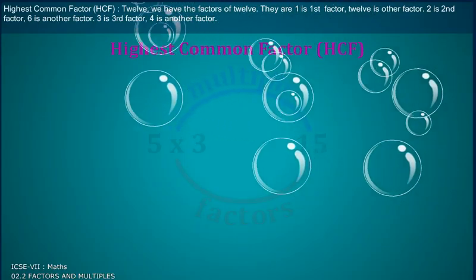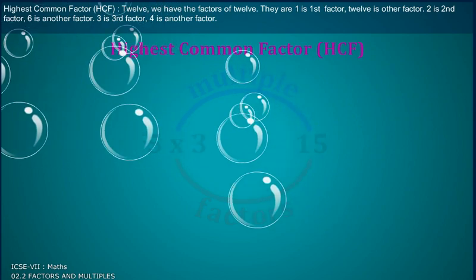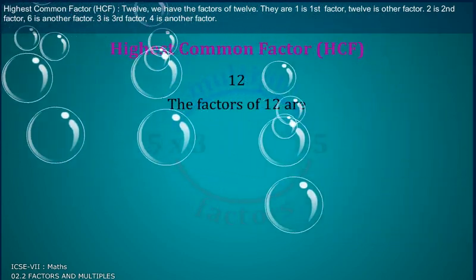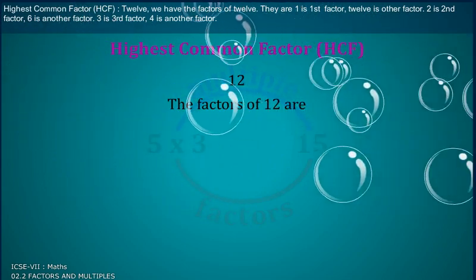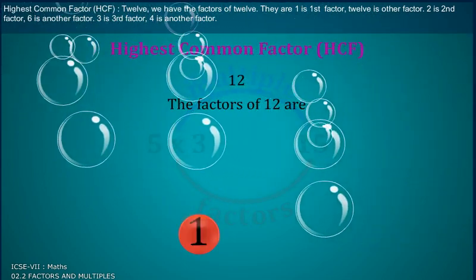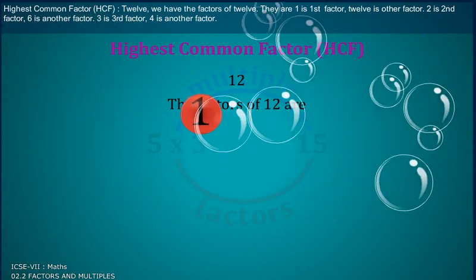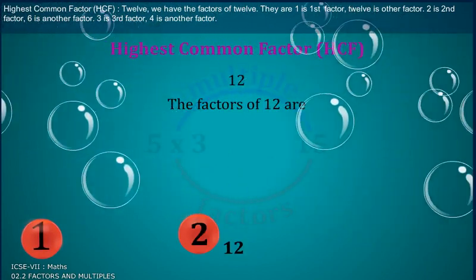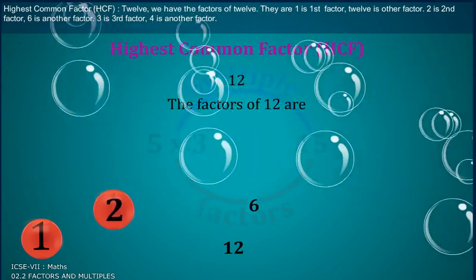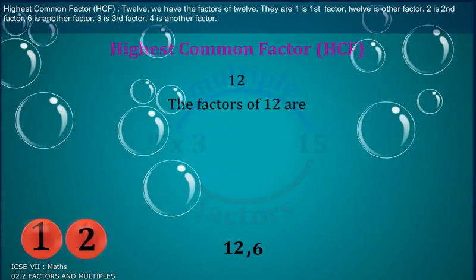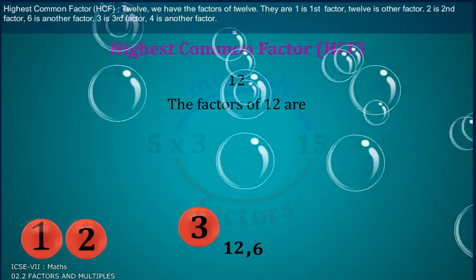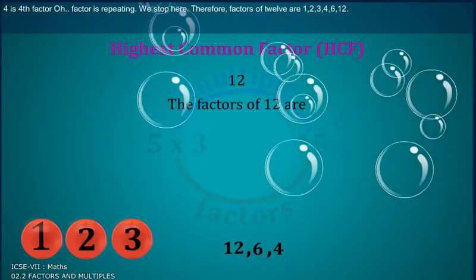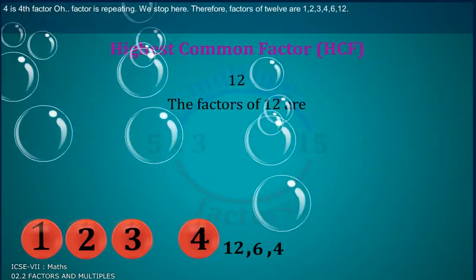Highest common factor, HCF. 12. We have the factors of 12. They are 1 is the first factor. 12 is the other factor. 2 is the second factor. 6 is another factor. 3 is the third factor. 4 is another factor. 4 is the fourth factor.